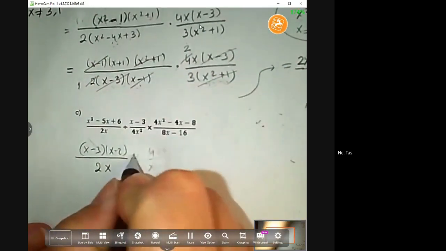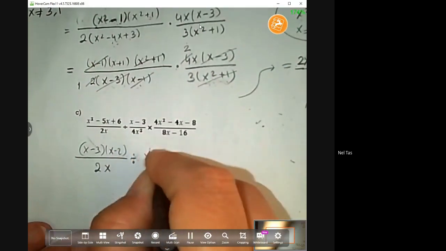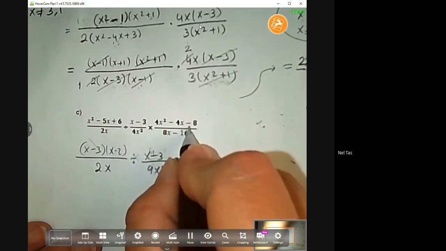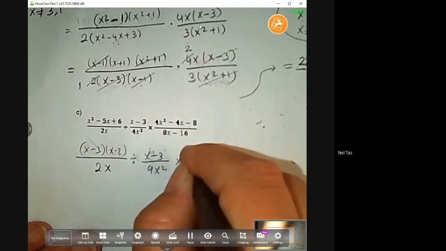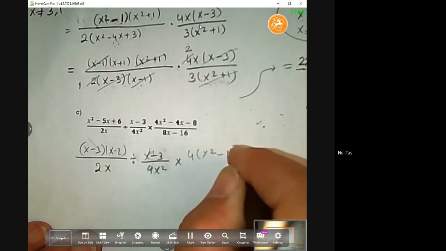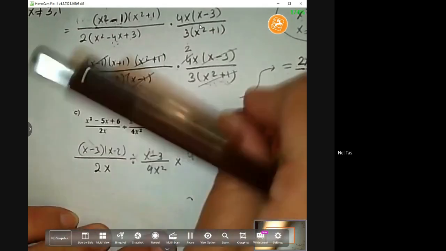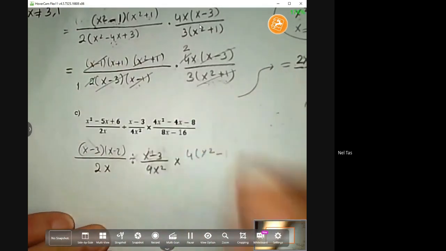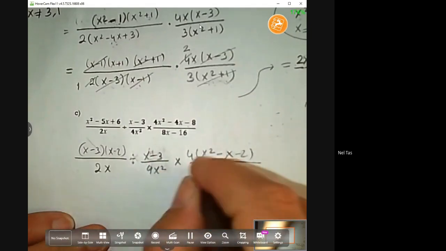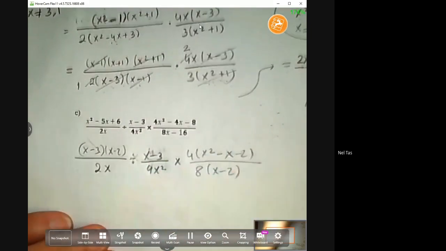So first, let's factor everything. So x minus 3 for x squared times, looks like 4 is a common factor. X squared minus 1 minus x minus 2 over 8 is a common factor. You get x minus 2.